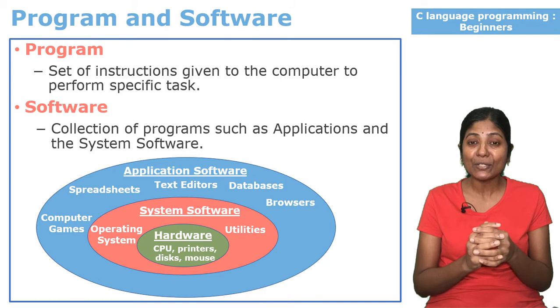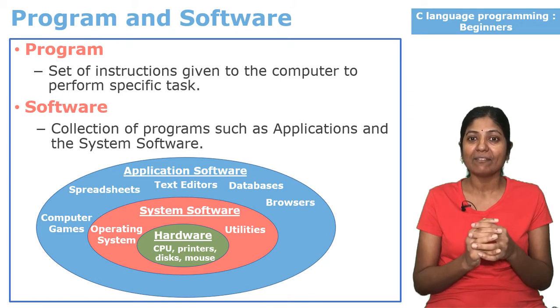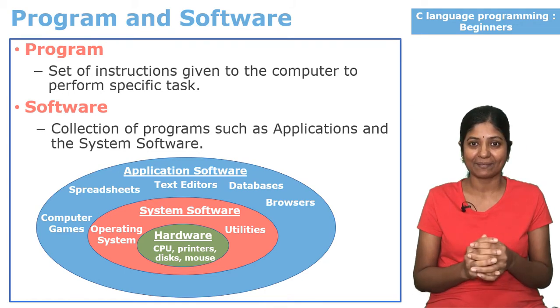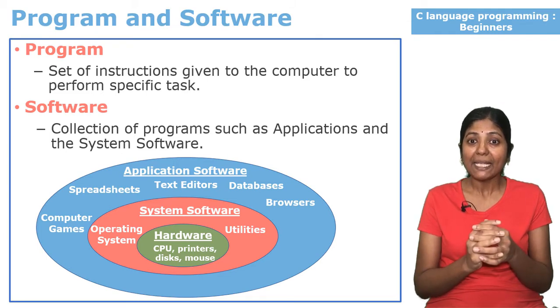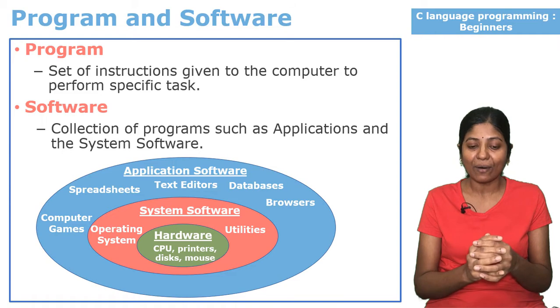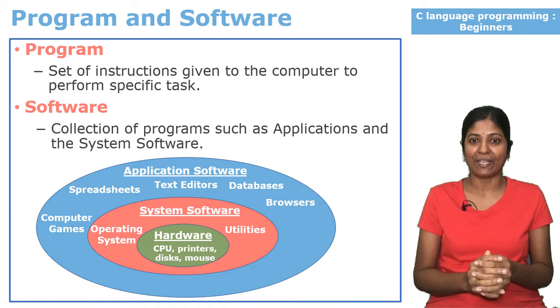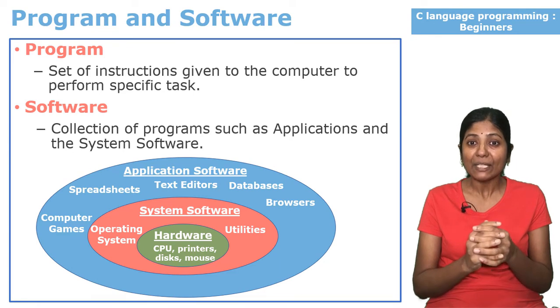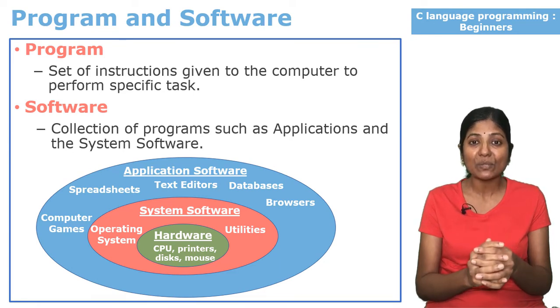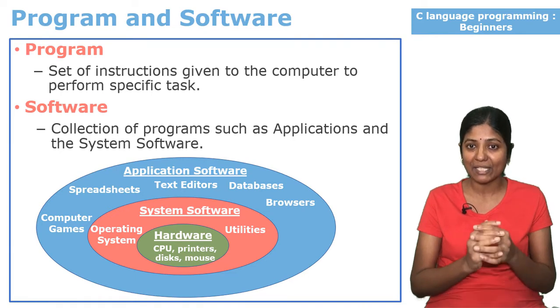A collection of programs will become a software. A software could be application software or system software. In the features of C programming, I already briefly told you about the difference between system software and application software.